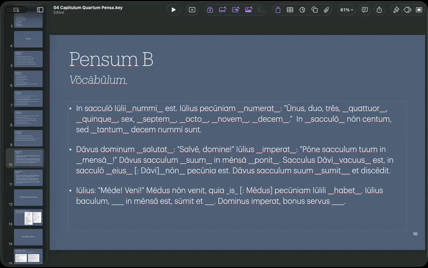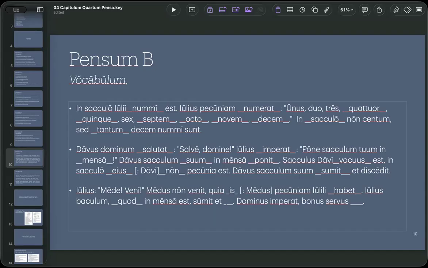Julius baculum, quod in mensa est. I'm sorry, I didn't hear it. Quod? Oh, quod, right, in mensa est. Right, sumit. Et sumet et discedet.